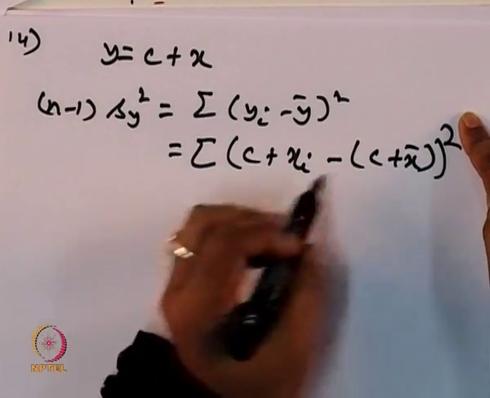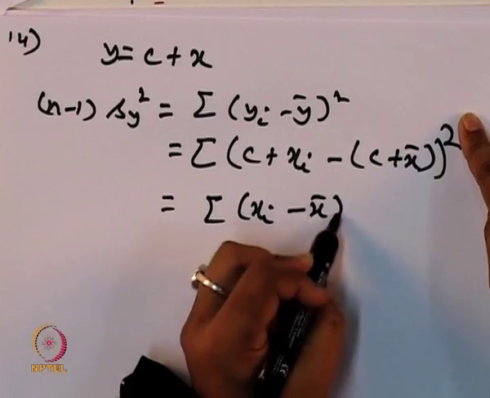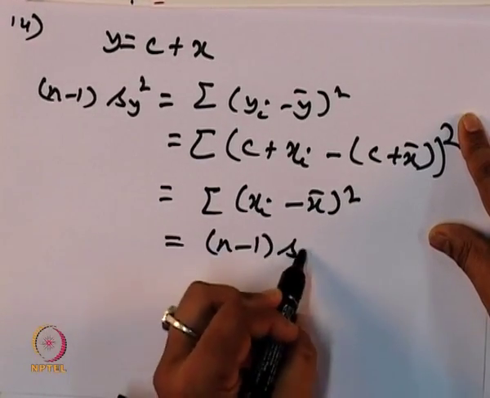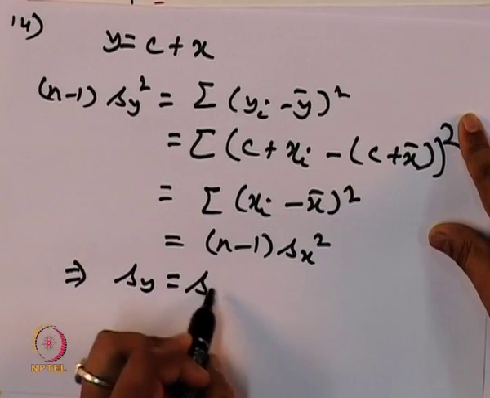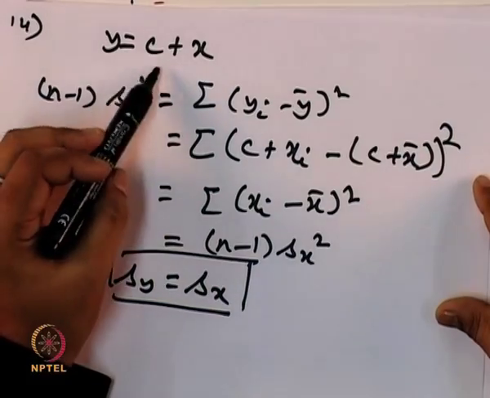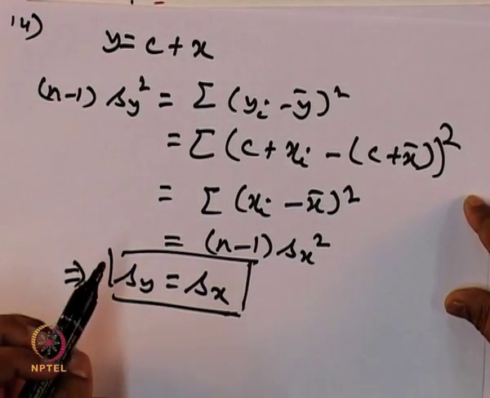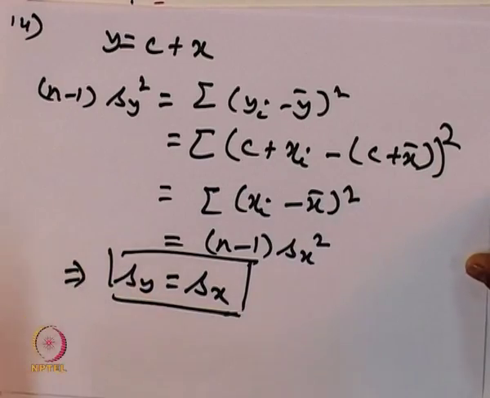So I can deduct c from each, which is nothing but xi minus x bar whole square. So this is nothing but n minus 1 into sx square. So this would give me that sy is equal to sx. So when you have a constant being added to this value, it does not change the final standard deviation. In other words, standard deviation is insensitive to any constant being added.